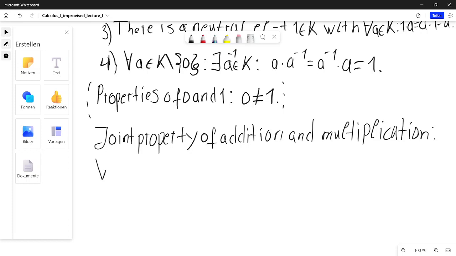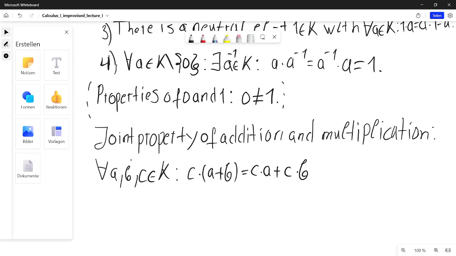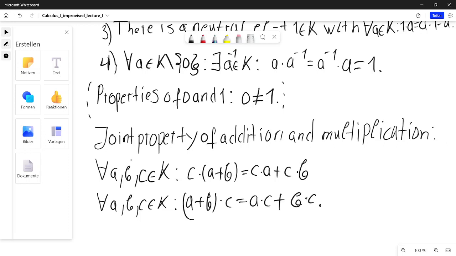And that is just the following: for all a, b, c element of k, we have that c multiplied by a plus b is equal to c multiplied by a plus c multiplied by b. And with commutativity, but maybe let's state it another time because it's so important, with commutativity, they then of course automatically have distributivity laws.